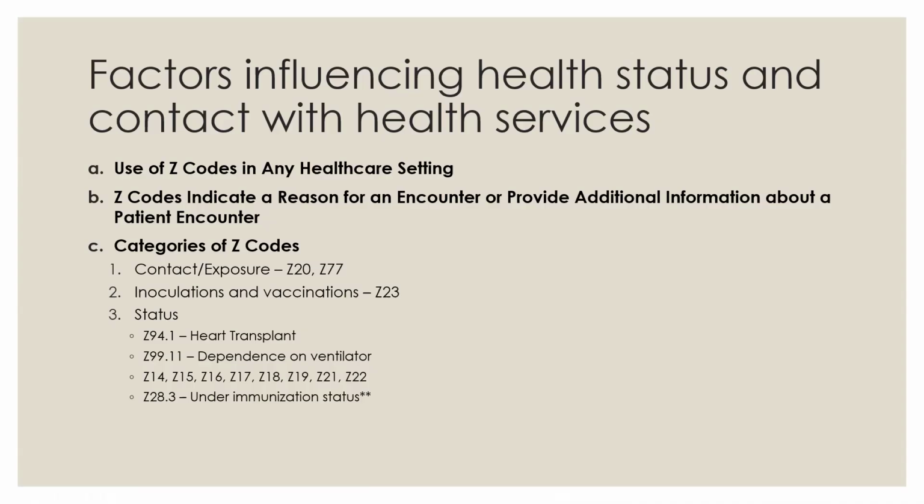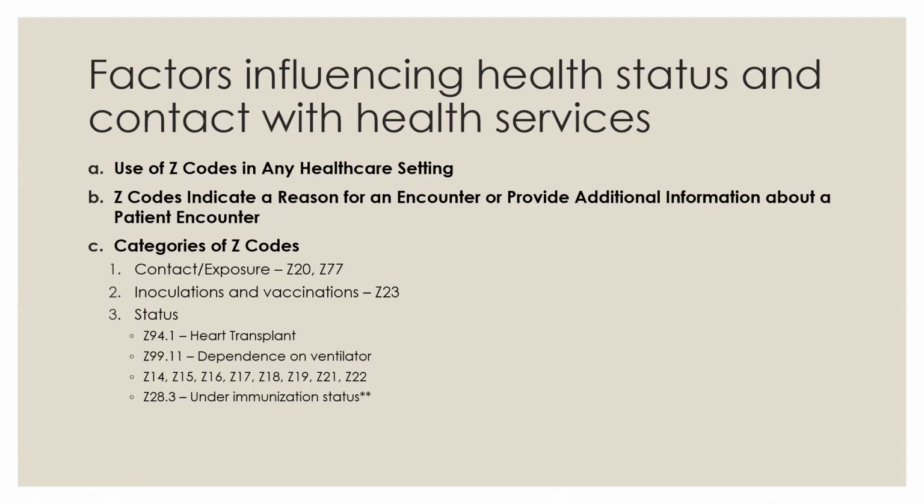It indicates that a patient is being seen to receive a prophylactic inoculation against a disease. Procedure codes are required to identify the actual administration of the injection and the type or types of immunizations given. Code Z23 may be used as a secondary code if the inoculation is given as a routine part of preventive health care, such as a well baby visit.